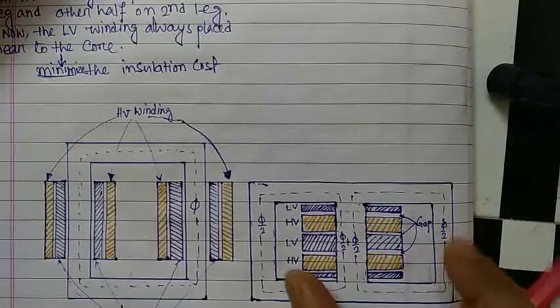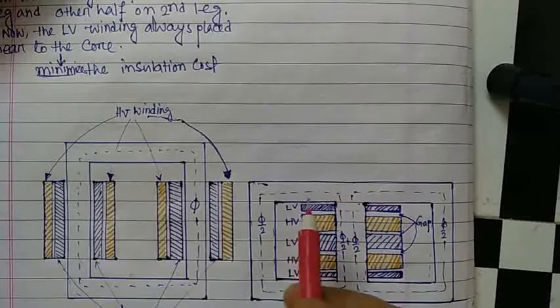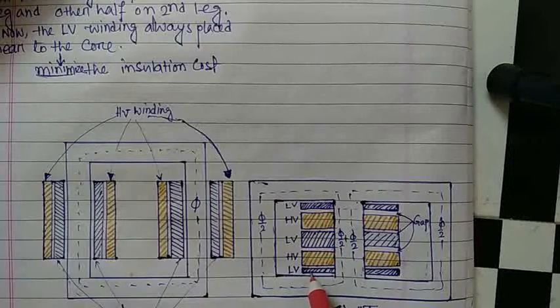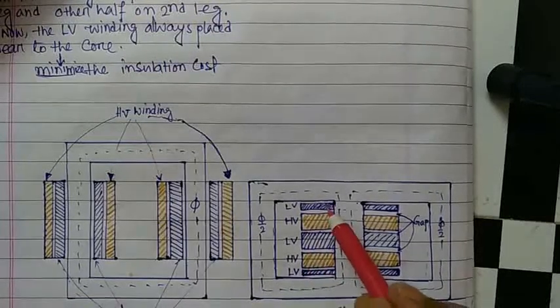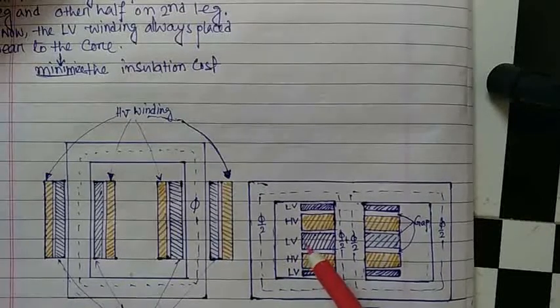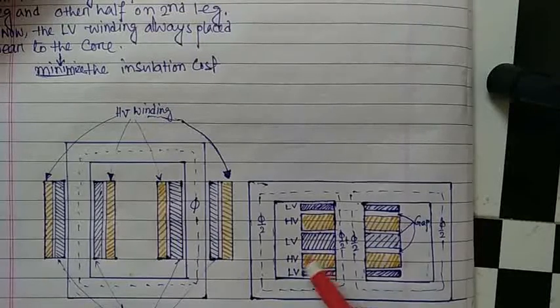Look at the picture of the shell type transformer, the top and bottom LV coils are half the size of the other LV coils.